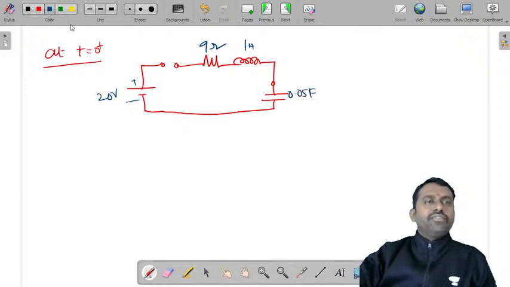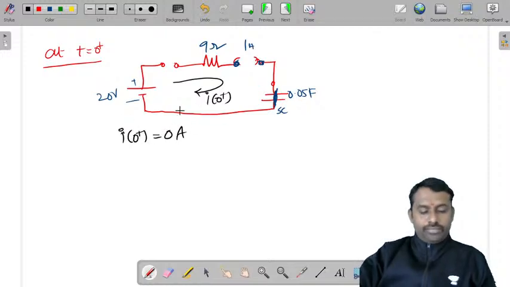But if you observe, as the capacitor does not allow sudden change of voltage, it will be a short circuit, and the inductor does not allow sudden change of current, it will be an open circuit. Even in this condition, if you try to find the current I of 0 plus, it will be 0 amperes.